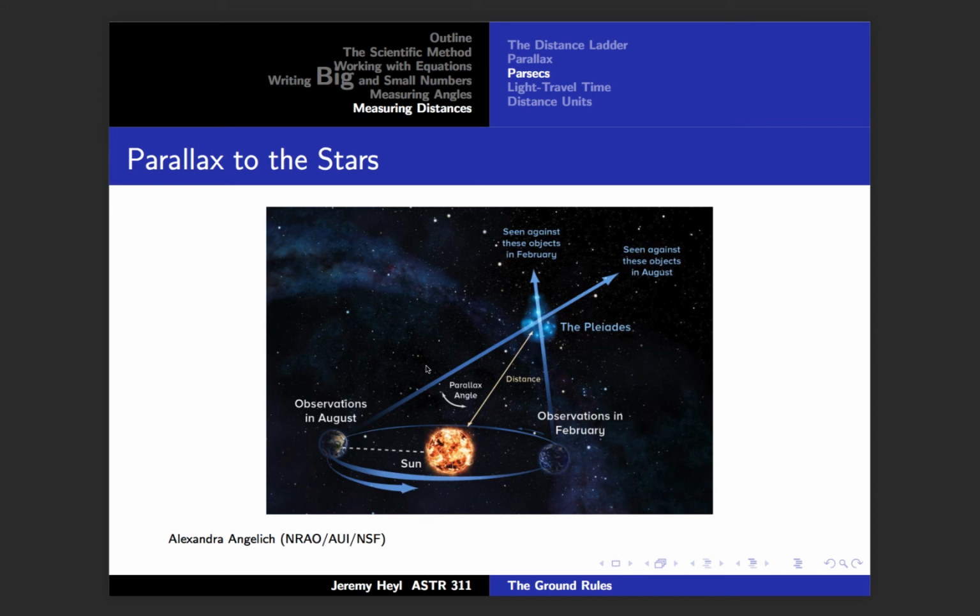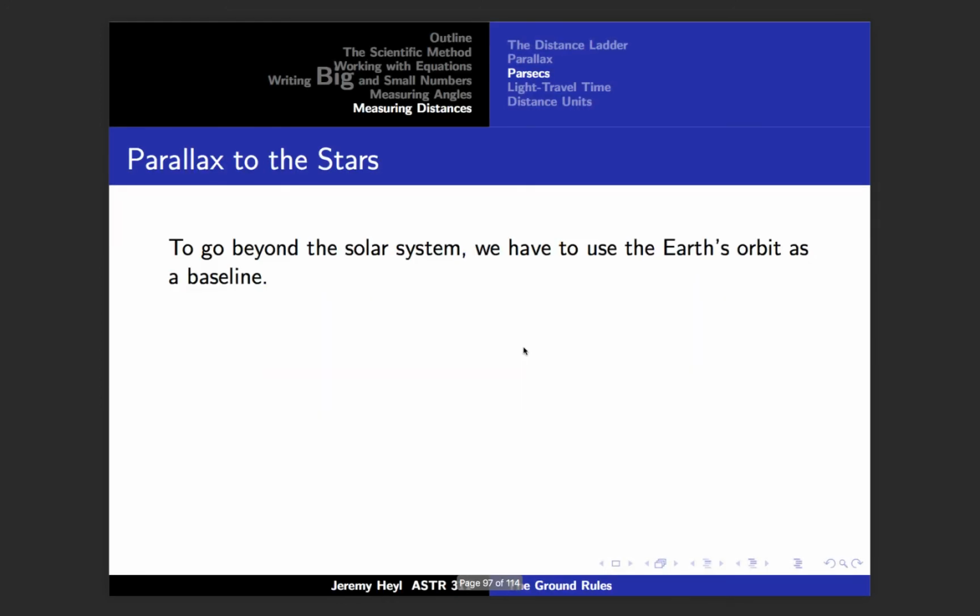What would it be in kilometers? 150 million, right? The distance between the Earth and the Sun. So we call that an astronomical unit. And then the angle is this one, and that's what we measure. And then we can figure out the distance.